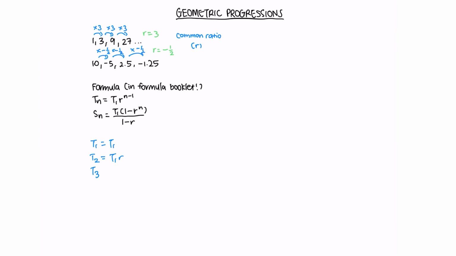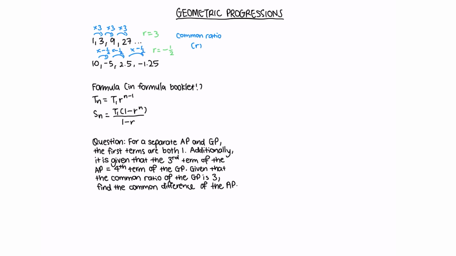T3 will just be T1 R squared. T4 will just be T1 R cubed, and so on and so forth. And Sn is just T1 times (1 minus R to the power of n) over 1 minus R.